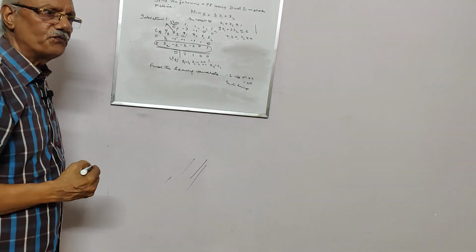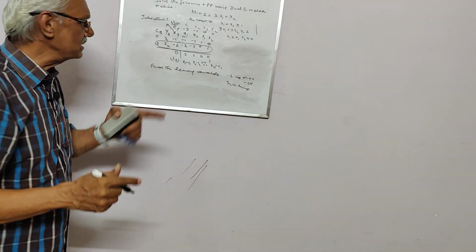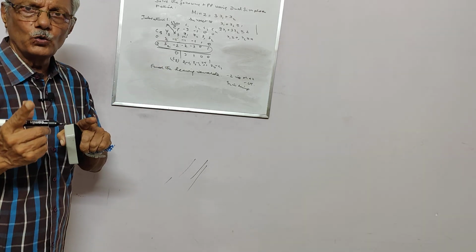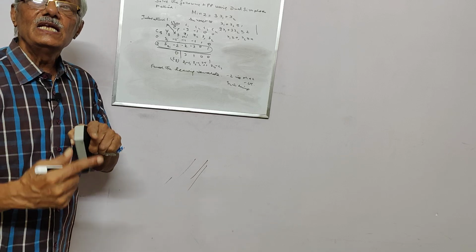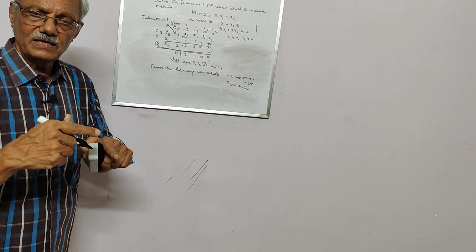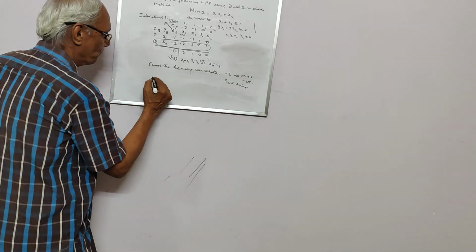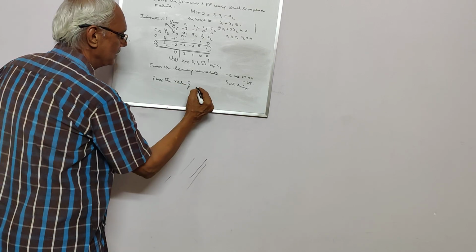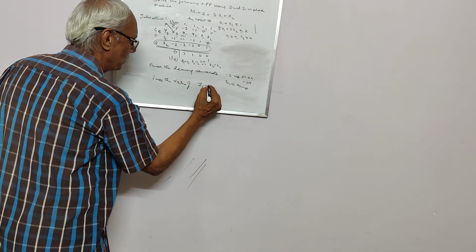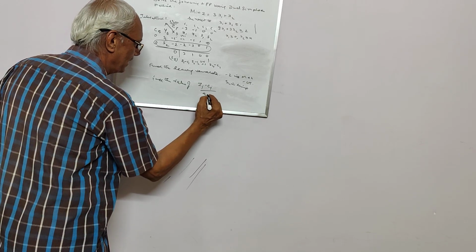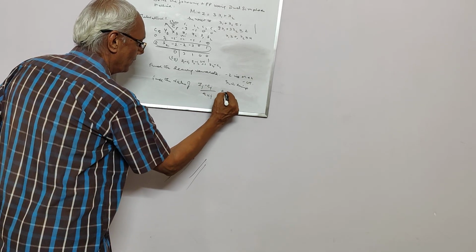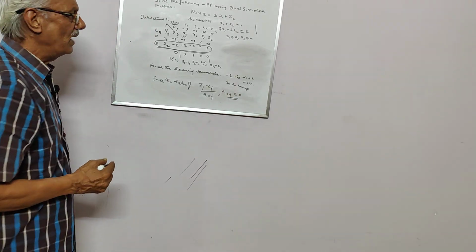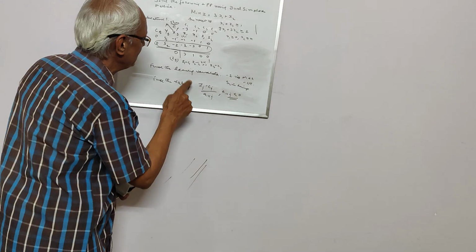S2 is leaving. Now, since one variable is leaving, you are going to work out the problem with the two variables. You are sending one variable out, so you must bring in another variable to replace it. How to replace that? Find the ratio of Zj minus Cj divided by Akj, where Akj is strictly less than zero.